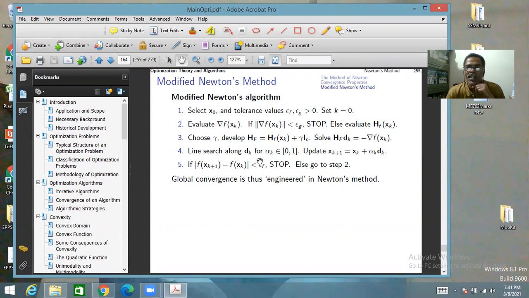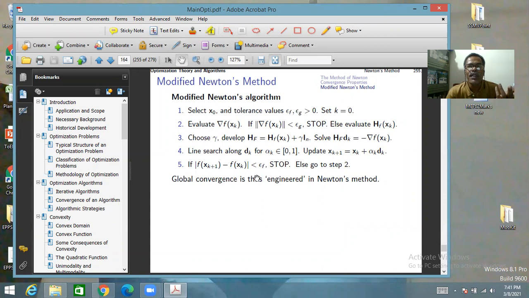Conduct the line search along dk from 0 to 1. And according to the result, update the point, evaluate the function at the new point, and see if the function change is significant. If it is insignificant, then stop. That is a subsidiary termination condition. Otherwise, go to the next iteration.